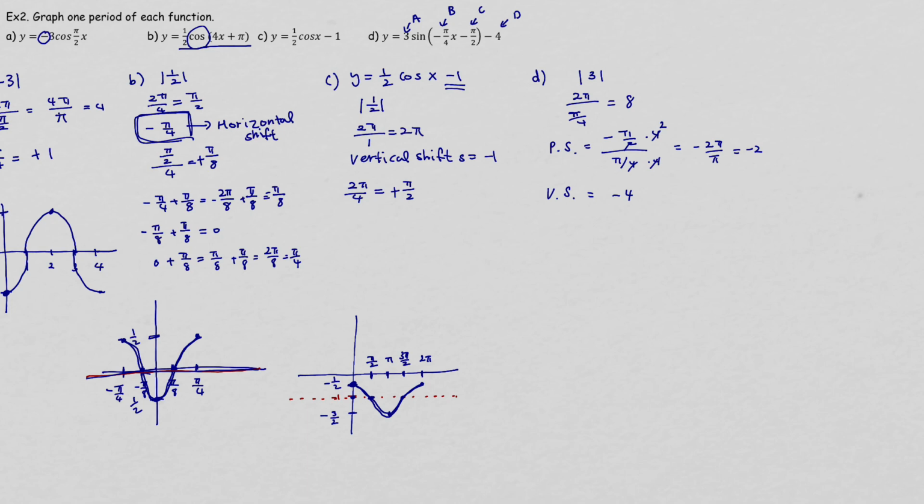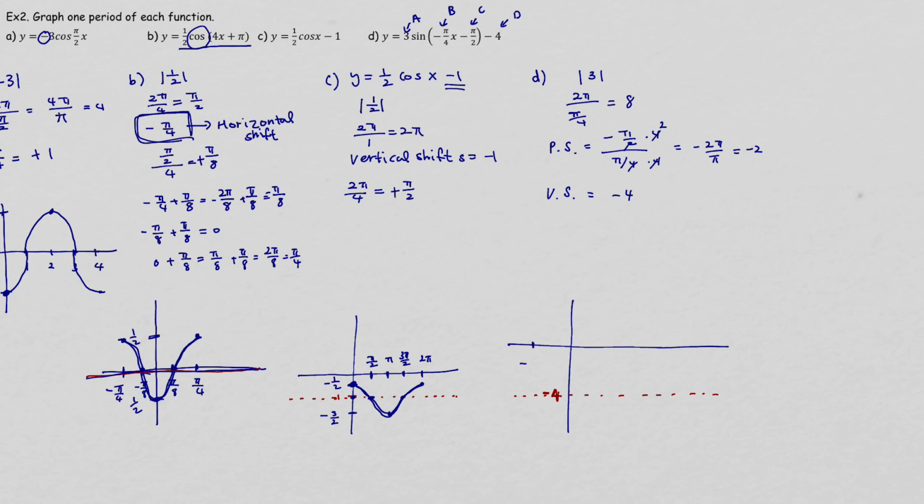So when you graph this, let's go down 4. We have a horizontal shift of negative 2, so it'll be somewhere right here.